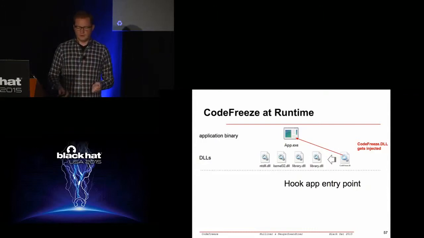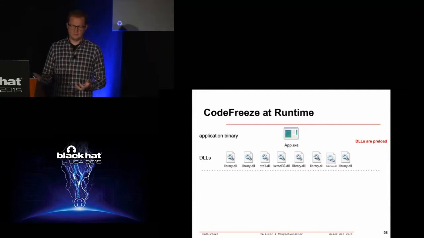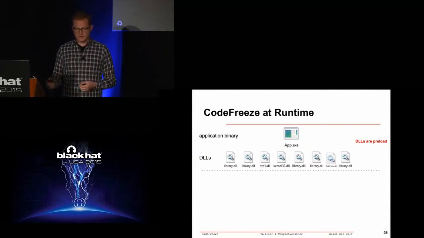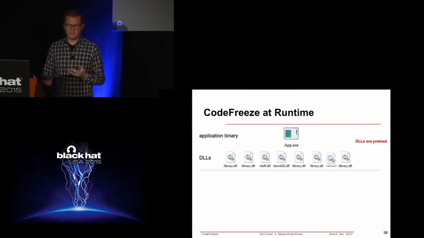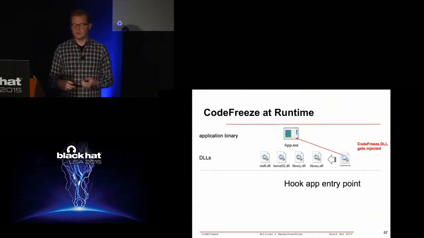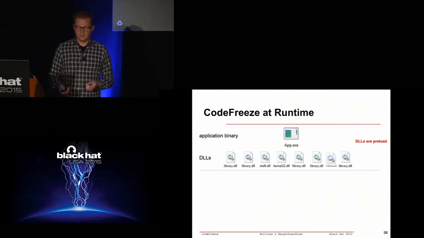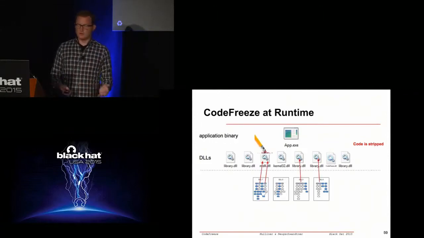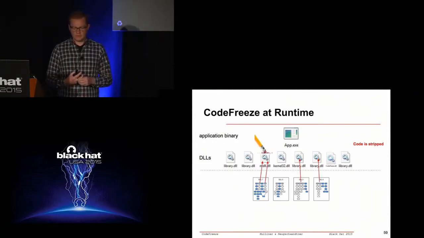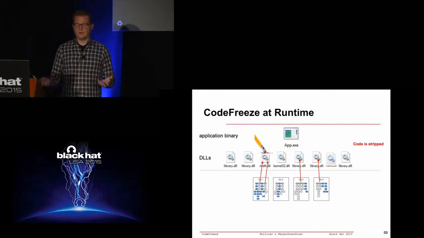Then the code freeze DLL gets injected and hooks the application's entry point. As soon as the code freeze is executed from the program's entry point, we start with DLL preloading, so we load all the DLLs that this application will need. Then we run the code stripping.